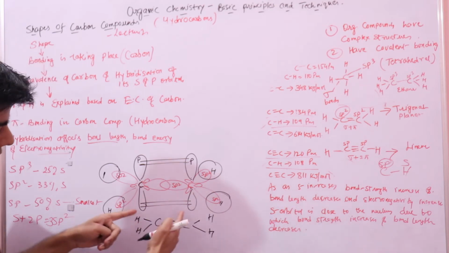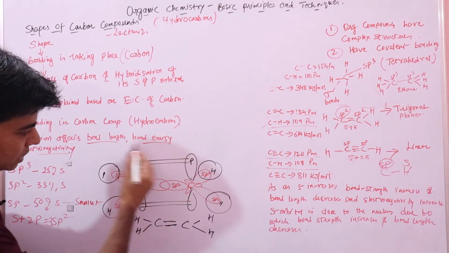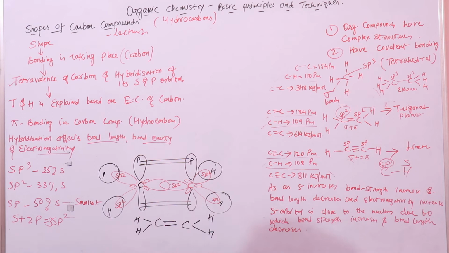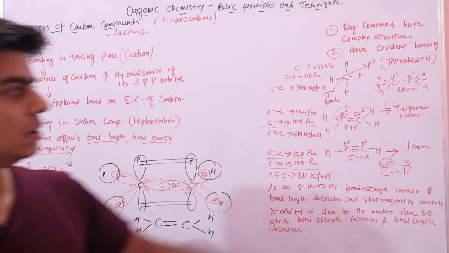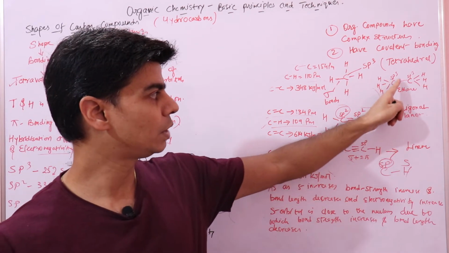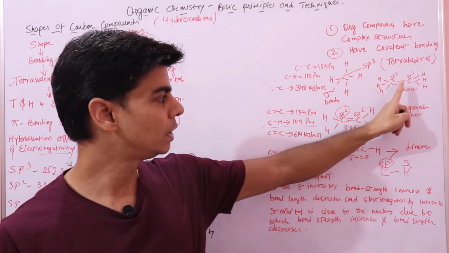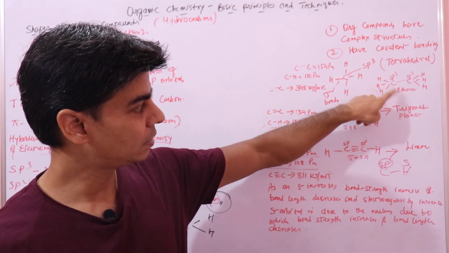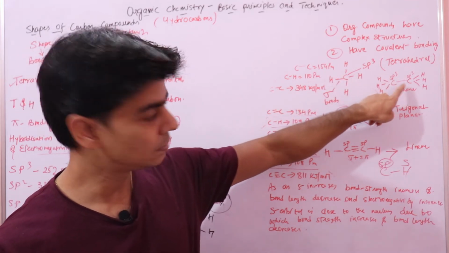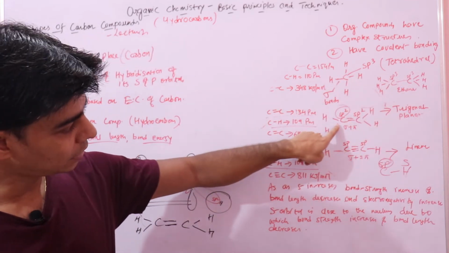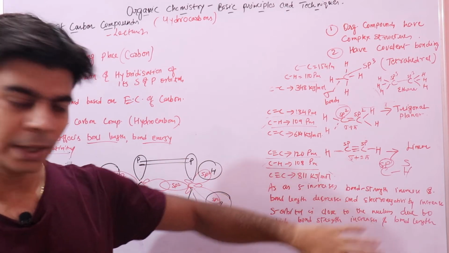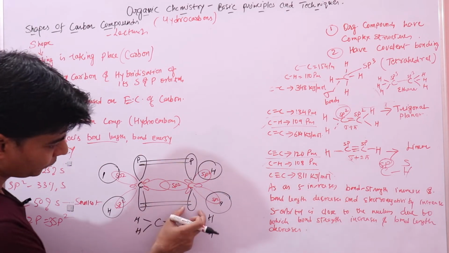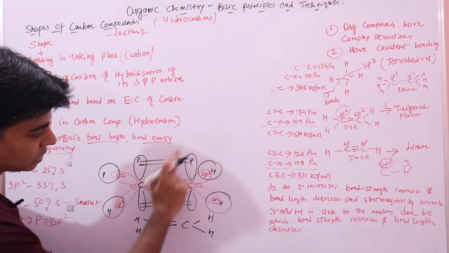Because you do not have any bond formed by sidewise overlapping that would reduce this overlapping and make the molecule unstable. So you can rotate a carbon-carbon single bond. A carbon atom can be rotated across a single bond, but it cannot be rotated across a double bond or triple bond. Why? Because it will lead to the rupture of the pi bond.